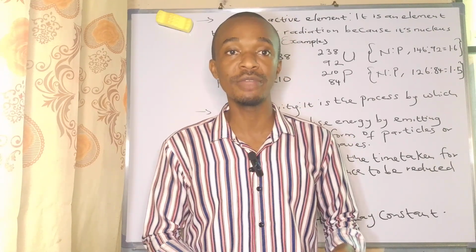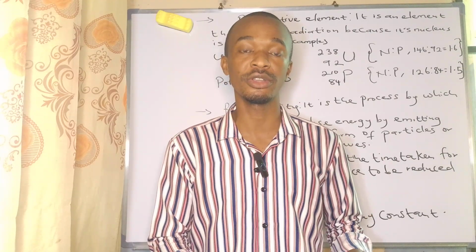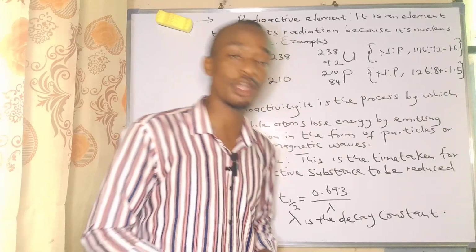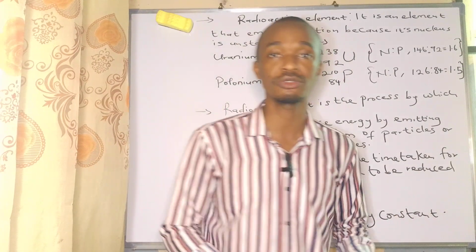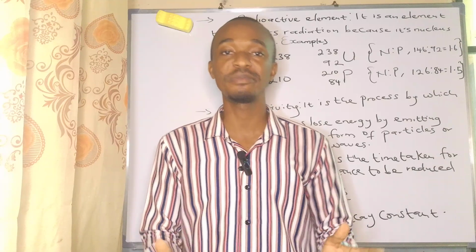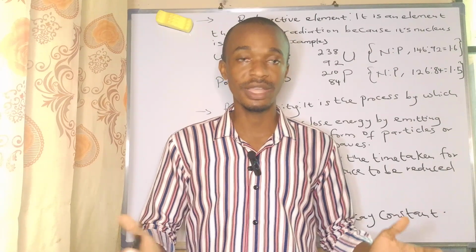So the process by which these unstable elements lose energy in the form of radiation is what we refer to as radioactivity. We are going to talk about the particles. We are going to be talking about electromagnetic waves. So you may have heard about alpha particle or beta particle. So we're going to talk about all of that.